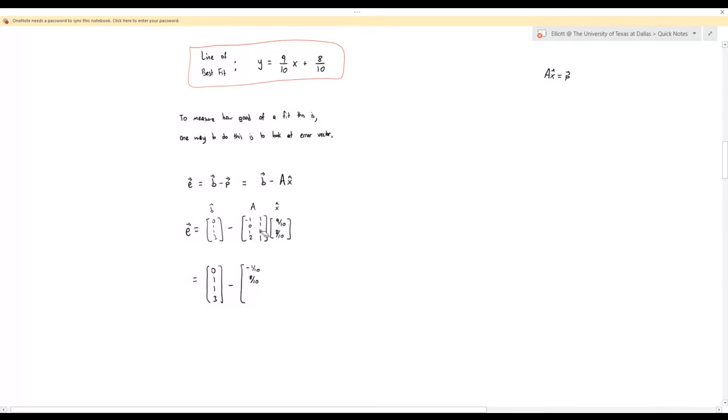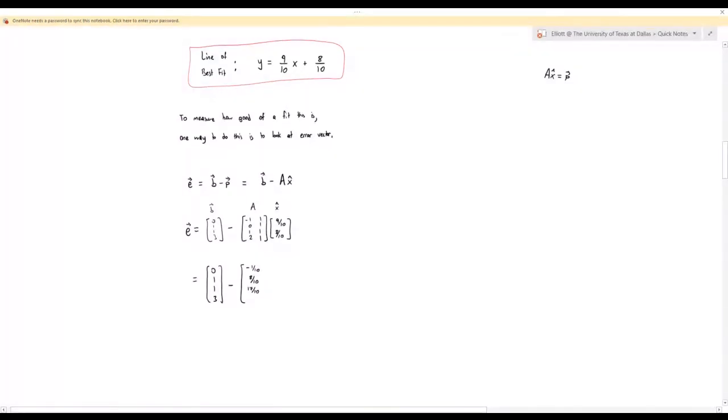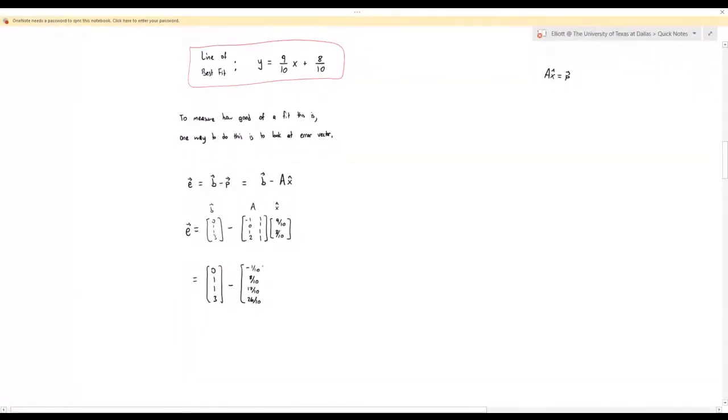The next one would be 9/10 plus 8/10, so 17 out of 10. And the last one is 18 plus 8, so 26 over 10.